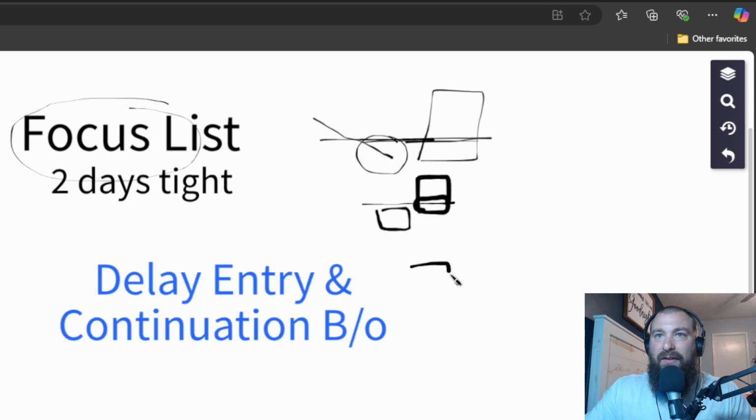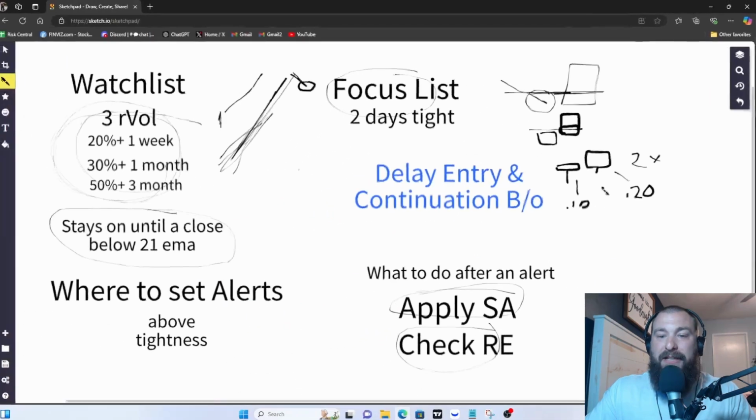So if this bar, let's say this bar is 10 cents, this needs to be at least 2 times. Okay. So if this is 10 cents, then this one needs to be at least 20 cents. Okay. That's showing that it's a range expansion.